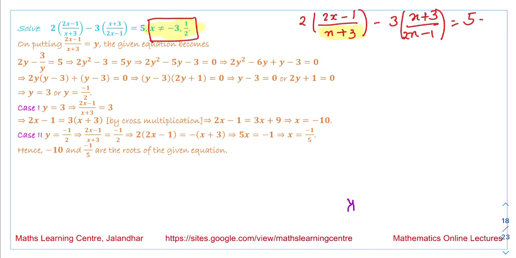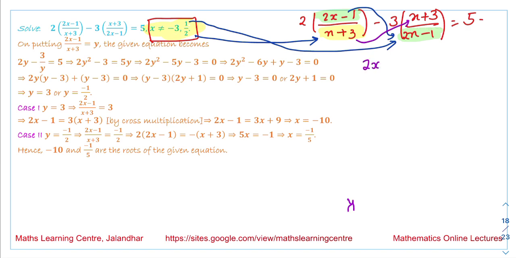Because x is not equal to -3, because x + 3 is in the denominator, and x is not equal to 1/2 because 2x - 1 is in the denominator. So what we see is, if we look at this term over here, it is 2x - 1, this is 2x - 1. It is x + 3, this is x + 3.